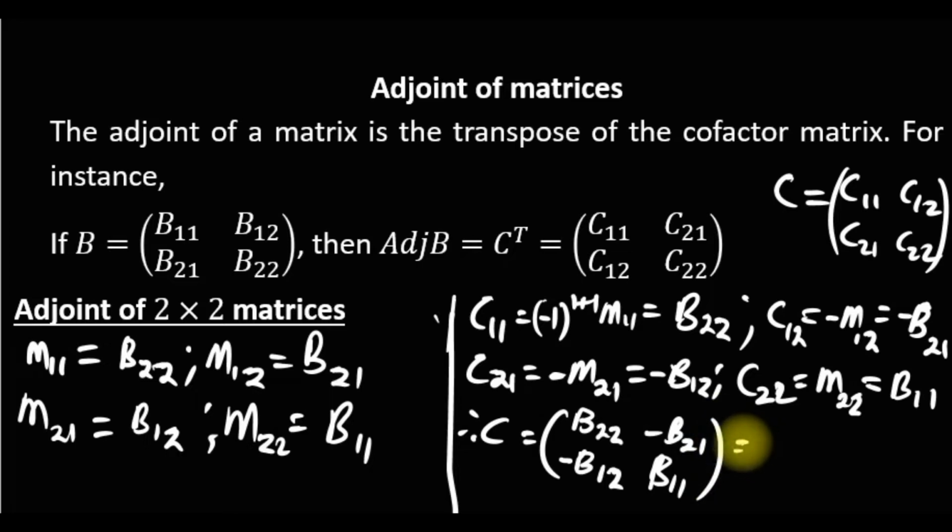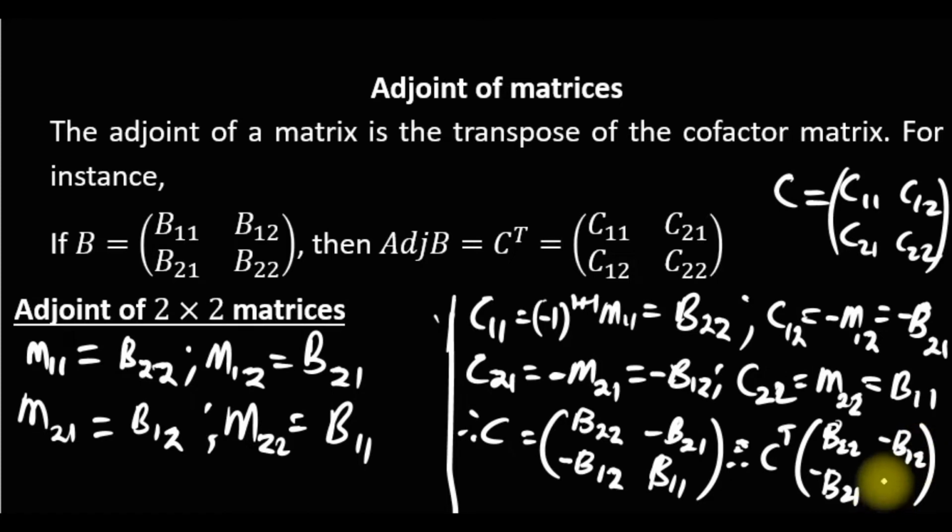So let's transpose it. We've gotten the cofactor, so therefore the cofactor transpose, which is now B22, minus B21, and minus B12, and B11.